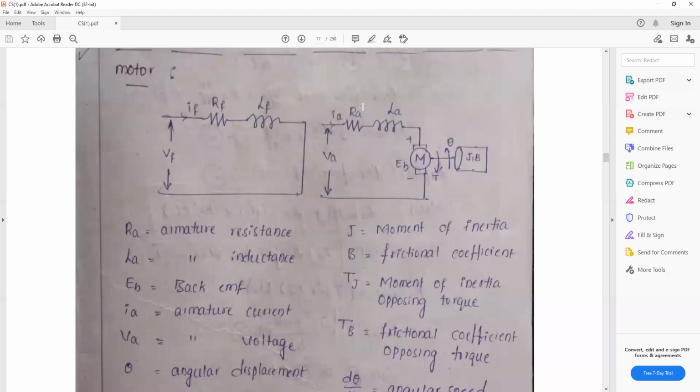Voltage across the resistor is V equal to I into R. Voltage across the inductor is V equal to L into di by dt.